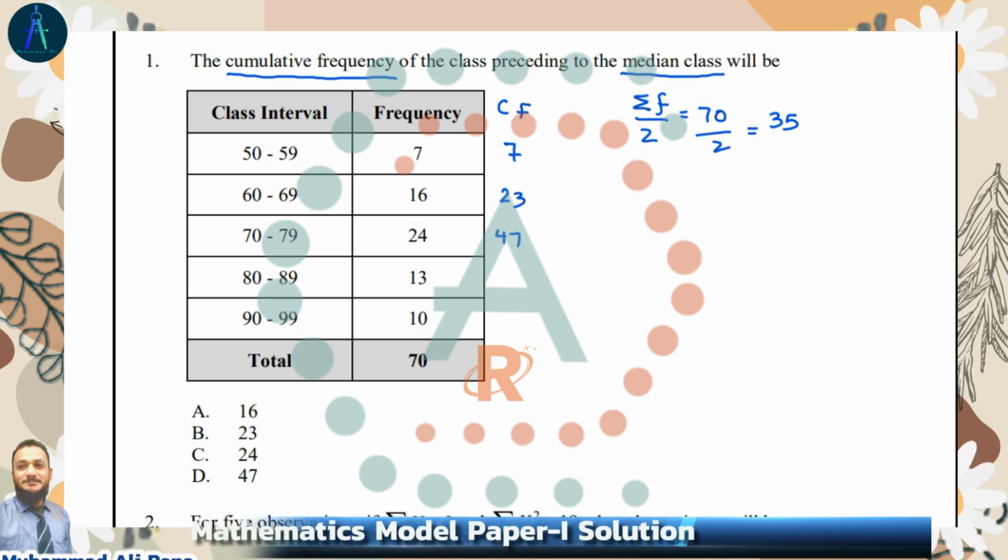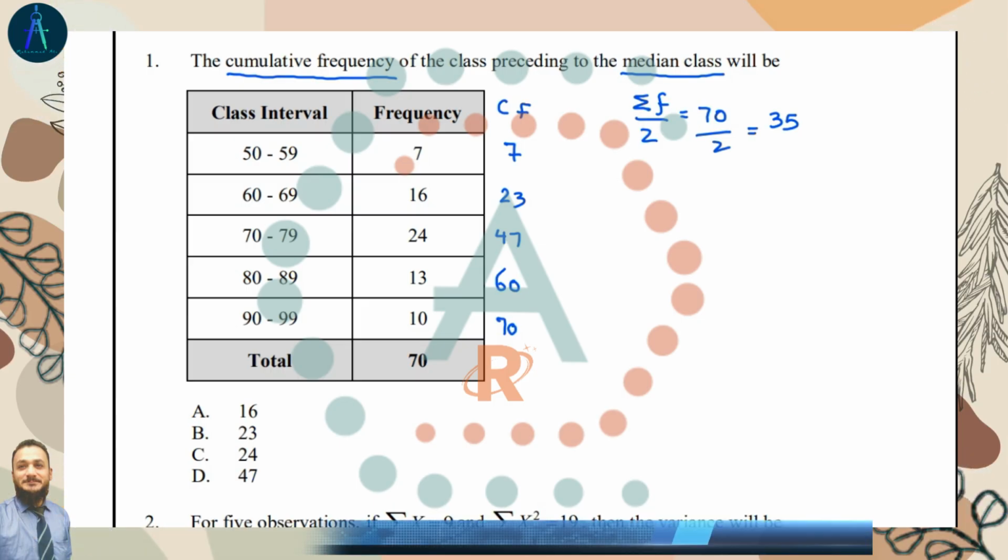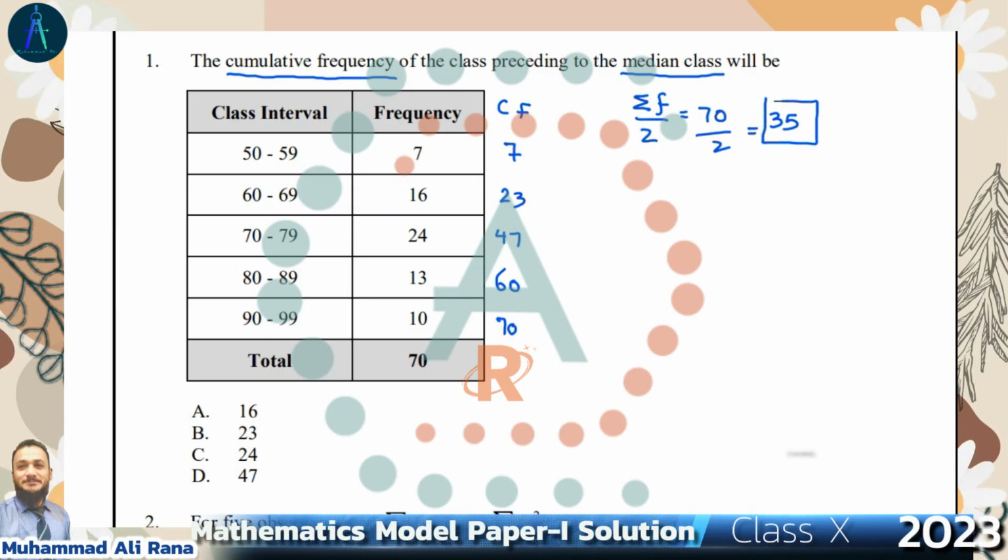Then next class में हम 13 add कर देते हैं, so it will become 60 and the last cumulative frequency will be 70.